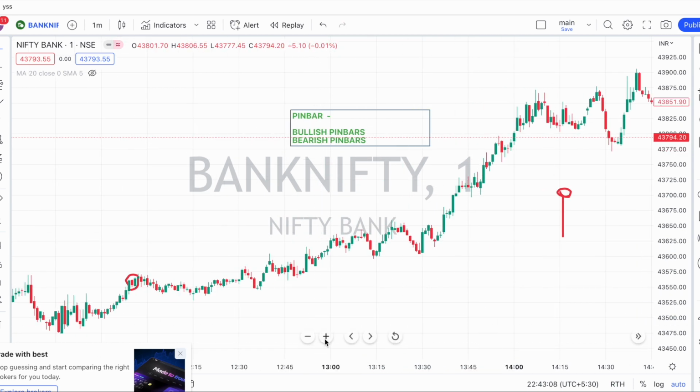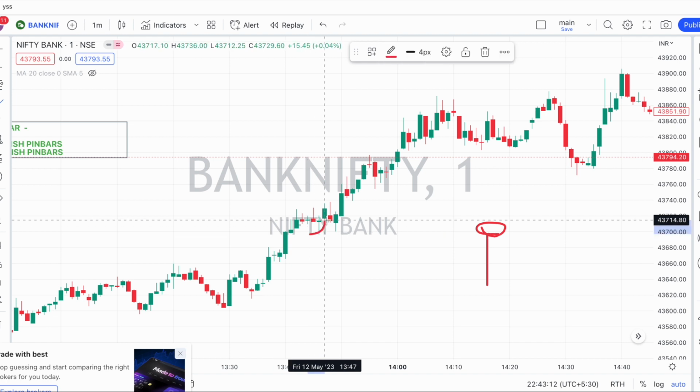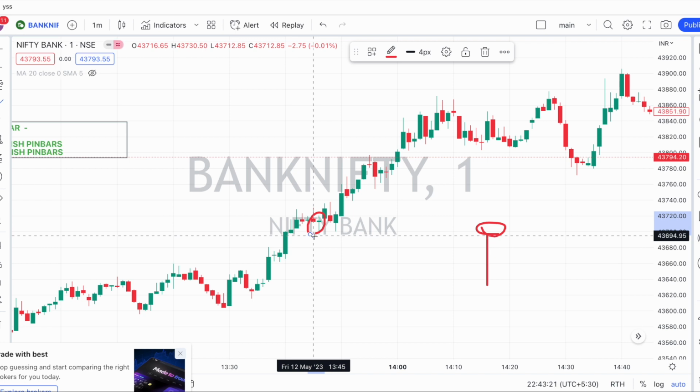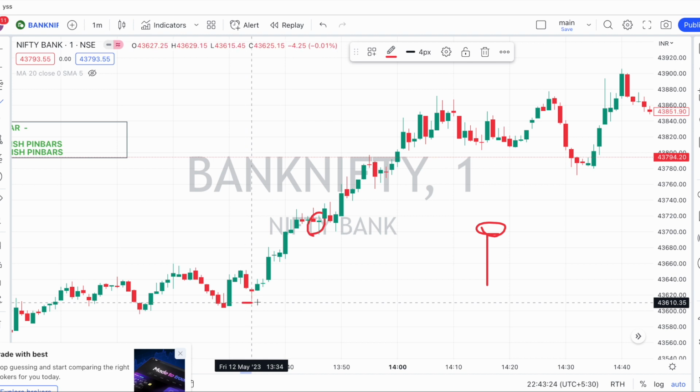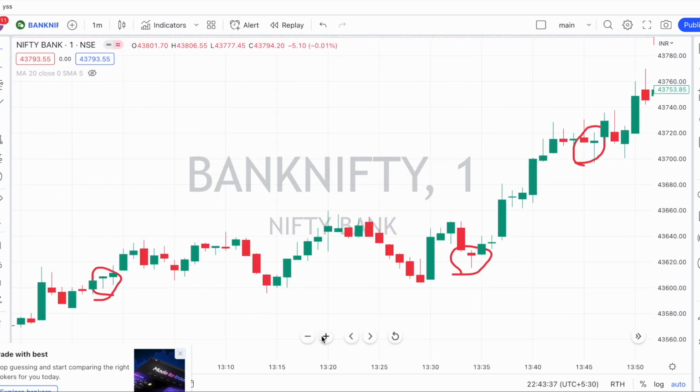Now we'll look at the bullish pin bar. This is a bullish pin bar, you can see. The body of the candle is very small. The wick of the candle is towards the downside and it is longer, right? This is a bullish pin bar, right? This is a bullish pin bar over here. This candle that you can see over here. Let me zoom in.